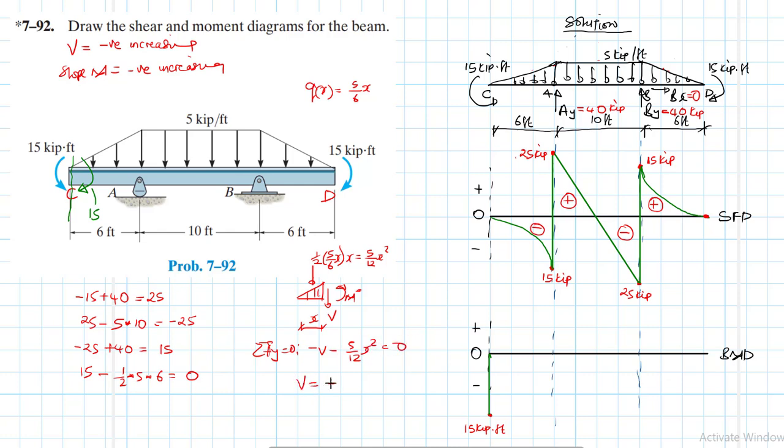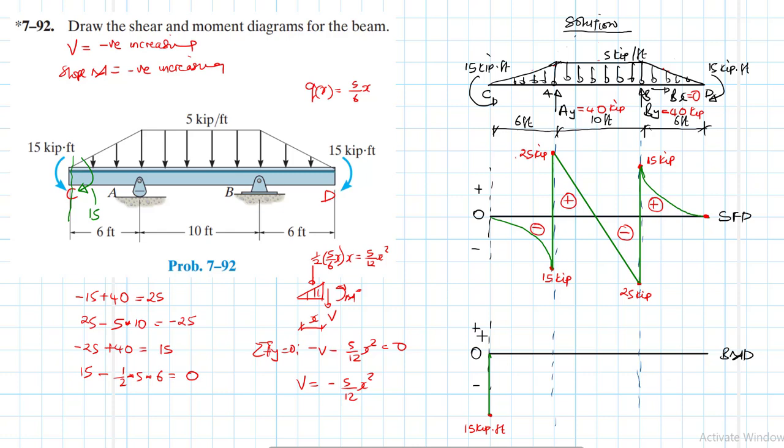Therefore, V is going to be equal to minus 5 over 12 x squared. So this is a function that governs our shear. We expect a 15 if we plug in a 6 in there. So we have minus 5 over 12 times 6 squared, we have a 15.